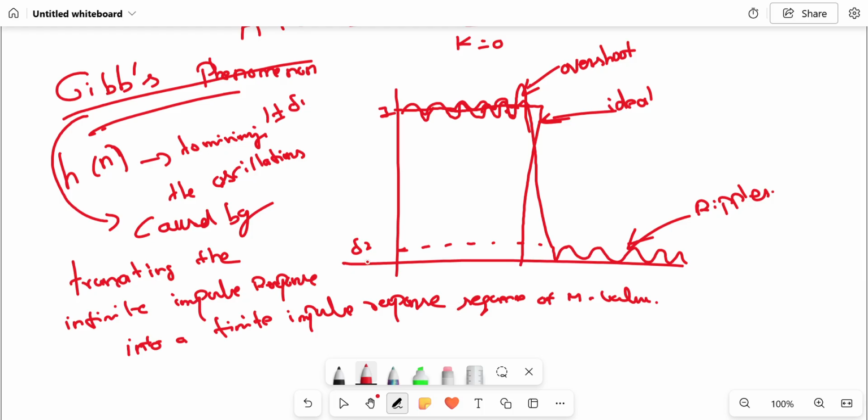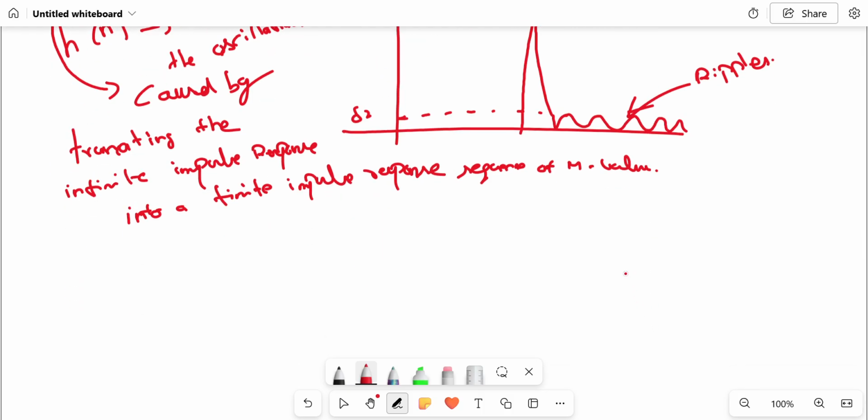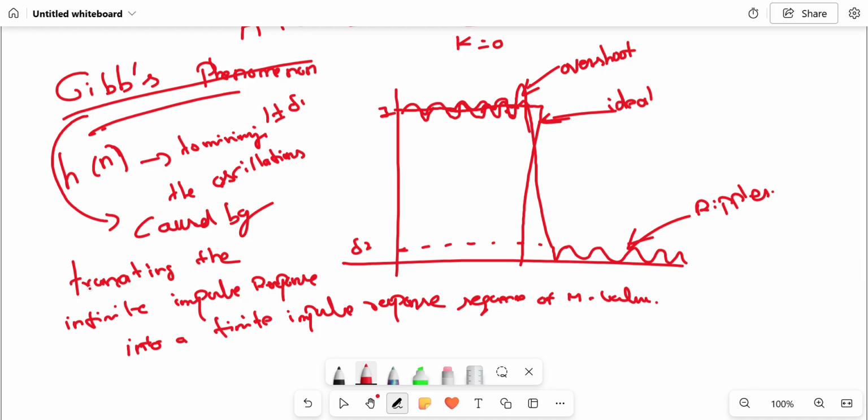The truncation of the Fourier series introduces ripples in the frequency response characteristics H(omega) due to the discontinuity, and this oscillatory behavior is called the Gibbs phenomenon. With this you can conclude this session.